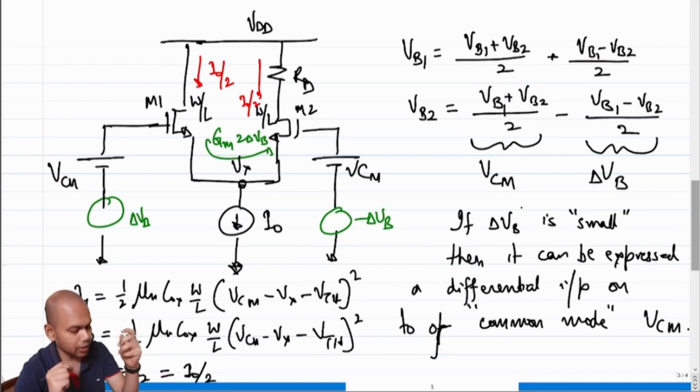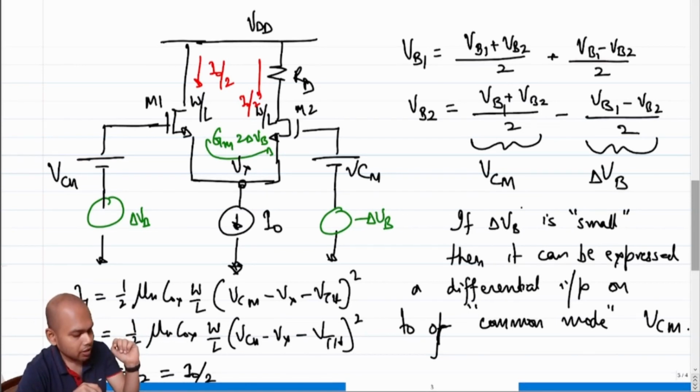Then we can as well say that both the transistors are biased identically with a common mode voltage, which is the average of the biases, and we understand that because the biases are different, there will be a difference current. The current will not be identical between the two branches, but the difference current can be approximated as a small signal difference, which is equivalent to the equivalent transconductance of the differential amplifier, GM1 GM2 by GM1 plus GM2, which is equal to GM by 2 in this case, times the voltage difference of the two inputs.